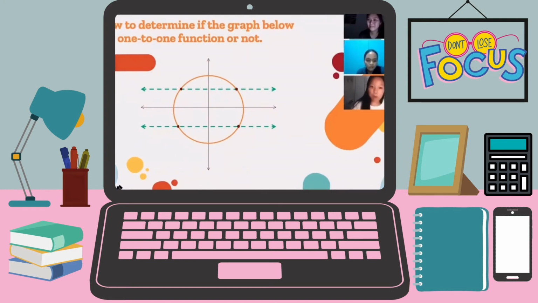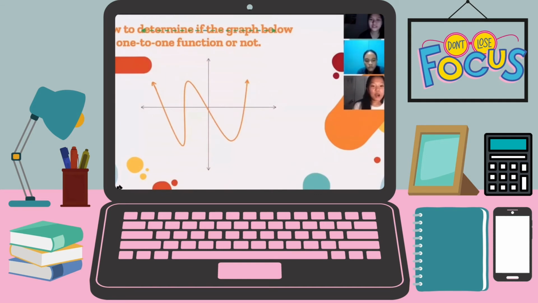Mikaela. In this example, we can see that in the first horizontal line, there are 2 points. So we can say that it's not a one-to-one function. Am I right? Yes. Okay. How about this example? How many points did you see?